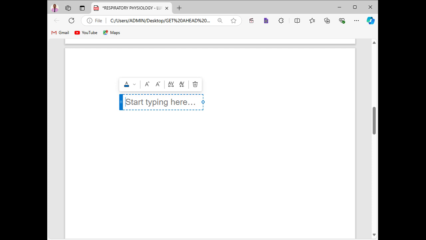We can start by writing something like RATE, which starts with R. So we write RATE like that, and then we come to the R. To the R we just add a V, so that is your residual volume.